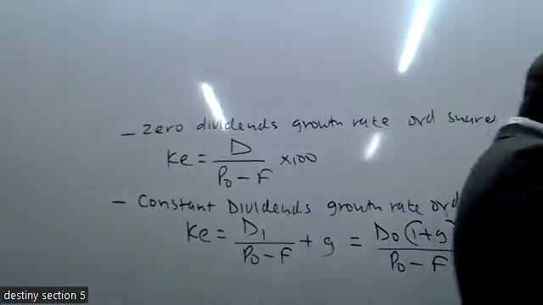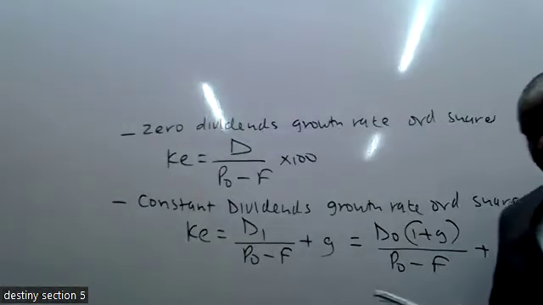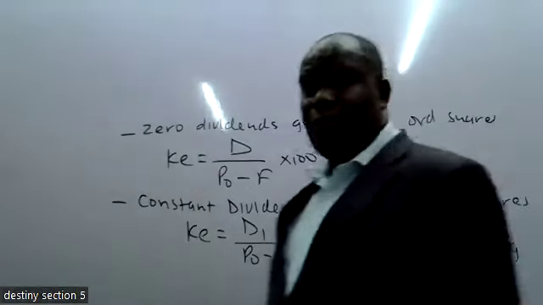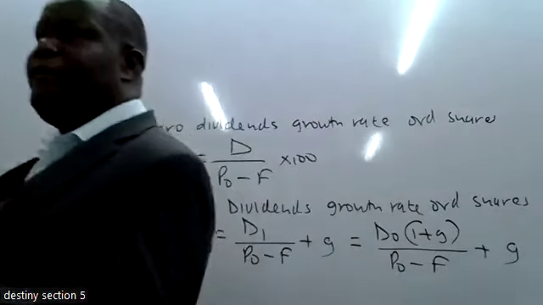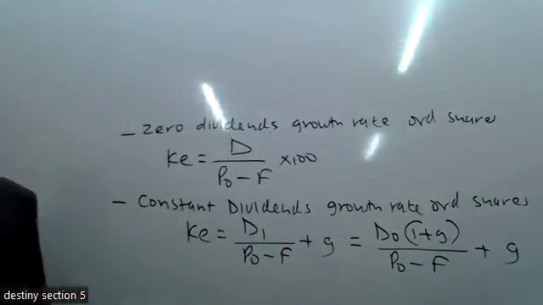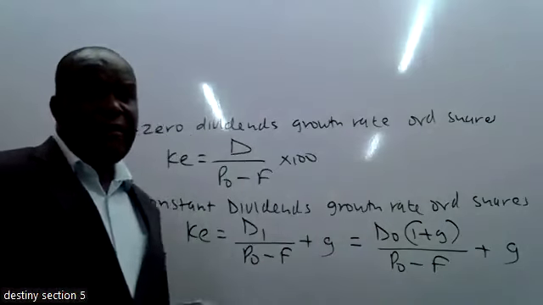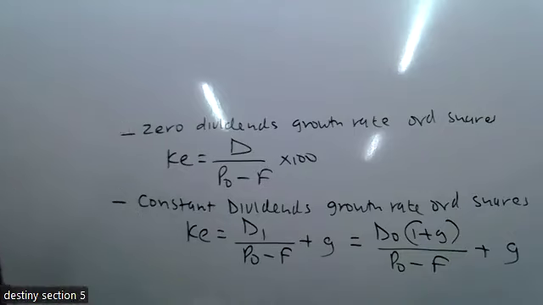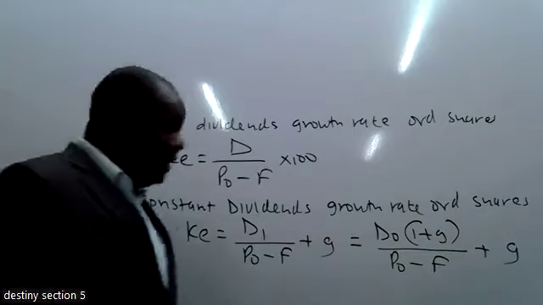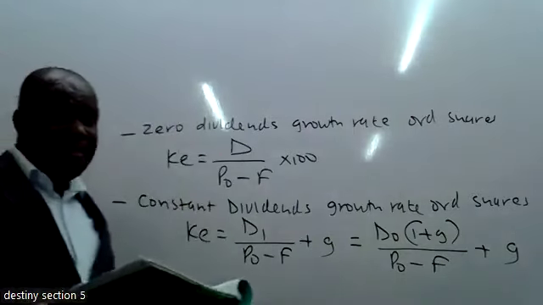PO and F we already know. So that is now about ordinary share capital.